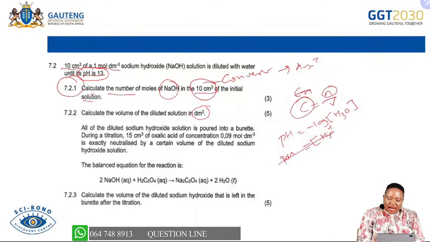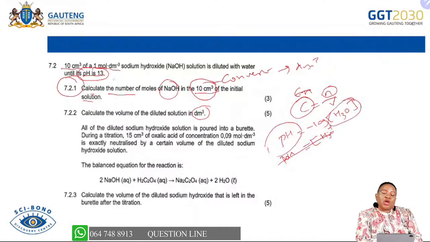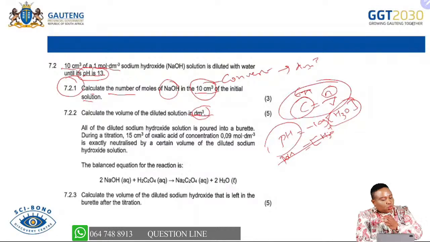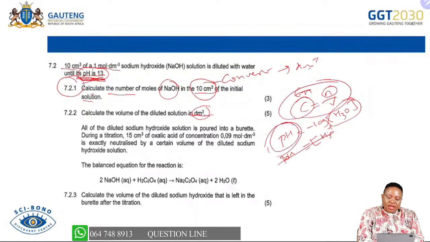I normally don't even like this one. You rather use this one to calculate the concentration of the H plus in this sodium hydroxide, so that you can find the concentration and be able to use it in the formula C is equal to n over V. But definitely you will use this to find the concentration of sodium hydroxide, because you'll have the pH and be able to calculate the concentration of sodium hydroxide.